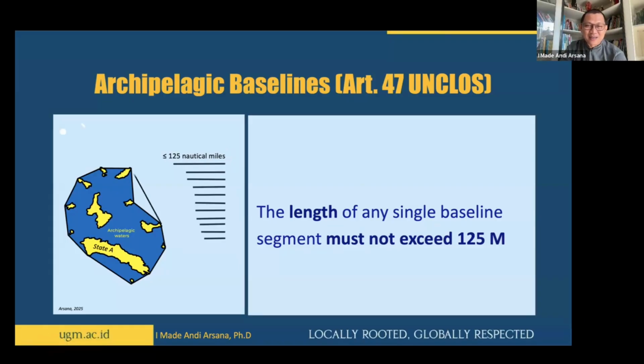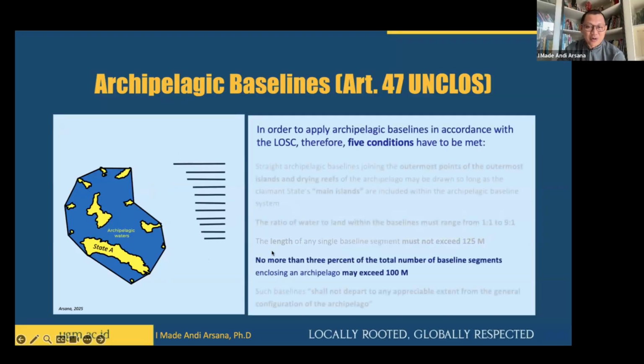Of course, you want this, right? You want the line to be connecting this one to this one because you want to have more water. But if the length is, for example, 130, you cannot draw the line over here because it is more than 125. So you just need to accept this. That's number 3. Now we have number 4.